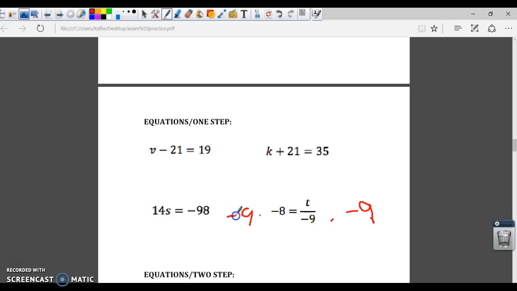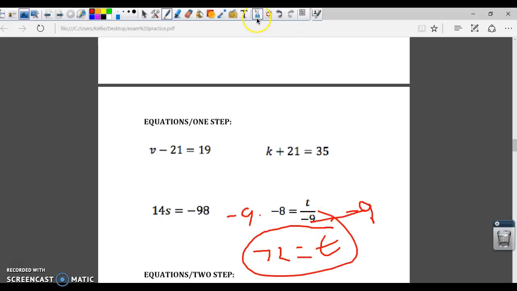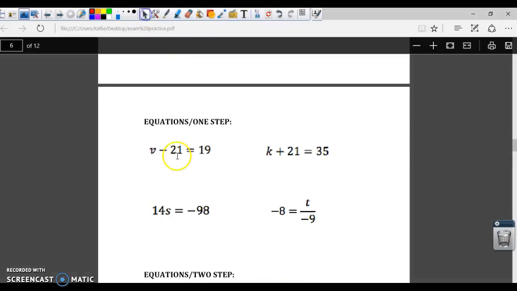So I'm going to multiply by negative 9 on both sides. So with this one, I have negative 9 times negative 8, which is going to give me a positive 72. Negative times the negative is a positive. So positive 72 equals t. Remembering all that's going to cancel out, just leaving you with t. So that was a quick review of the one-step equations.